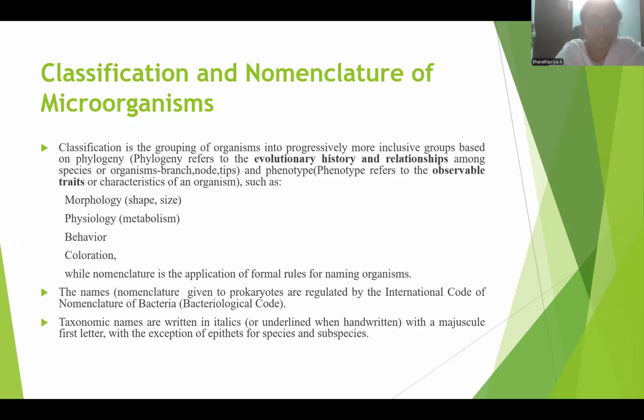Whereas nomenclature is how we provide names to the various microorganisms, and this has to be regulated by the International Code of Nomenclature. For example, bacteria follow the International Code of Nomenclature of Bacteria, which is nothing but the bacteriological code.